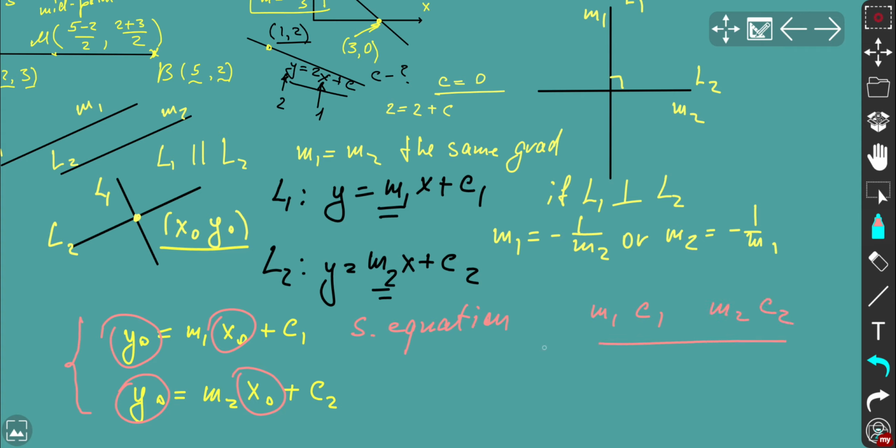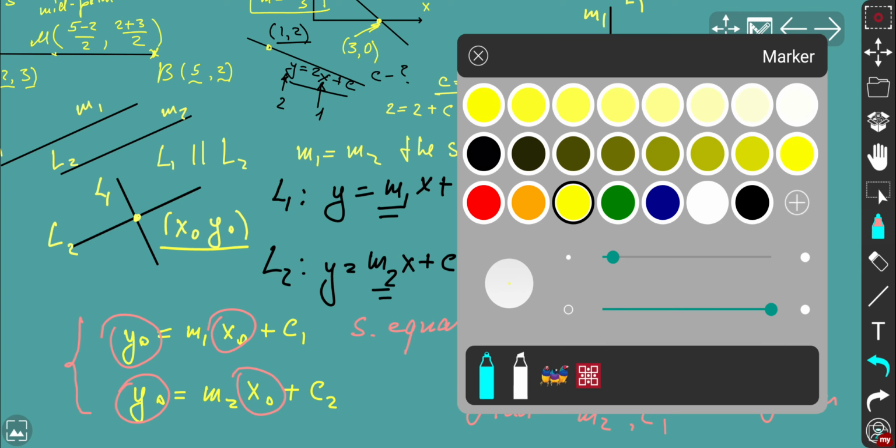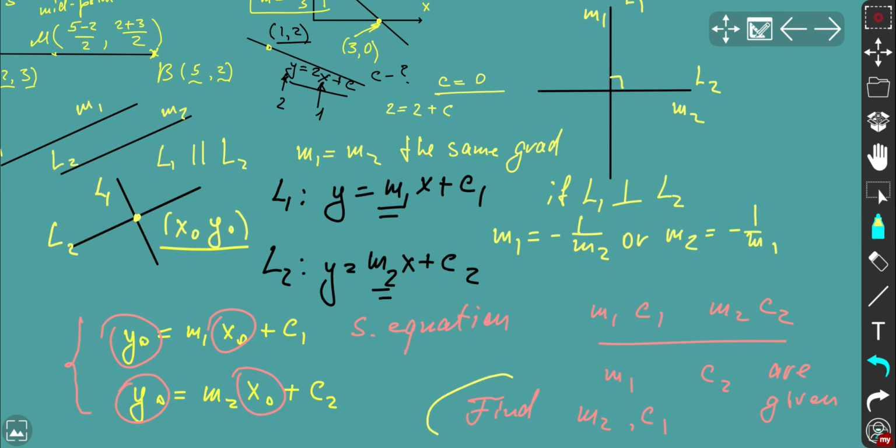However, there are four variables, so you need to be given, for example, m1 and c2, so that you can find m2 and c1. That's a typical question that might appear in a problem.